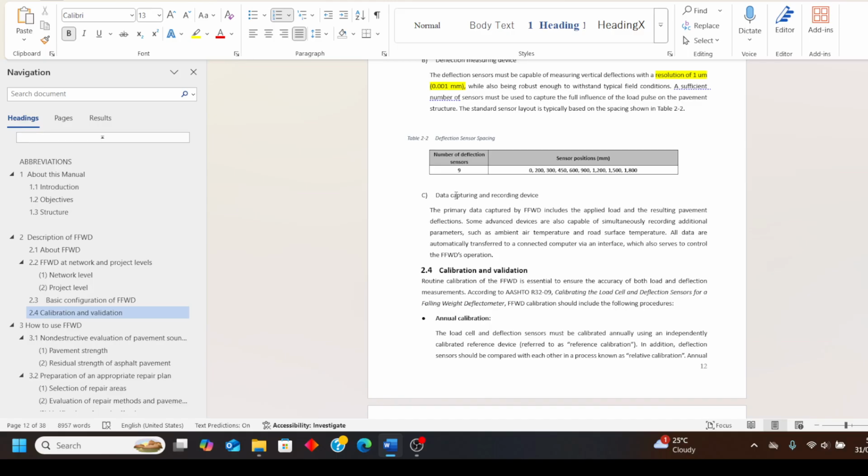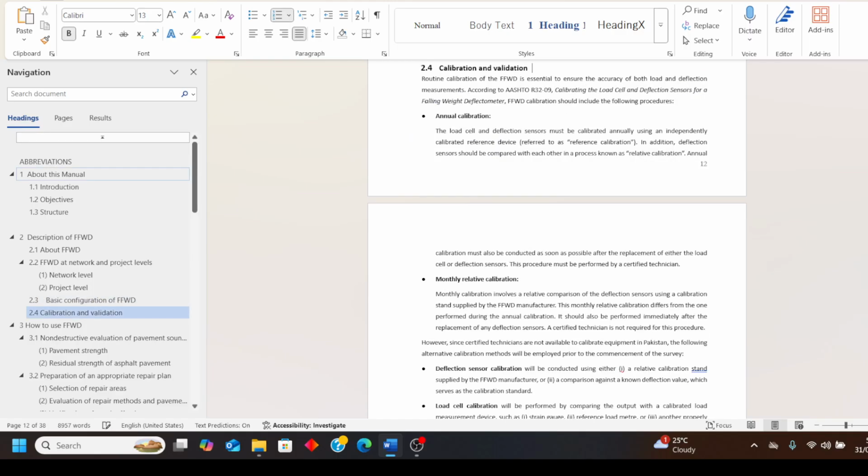It also controls the FFWD operation. So this unit, I would say, is the brain of the FFWD, and it links the field measurements to the analysis software.